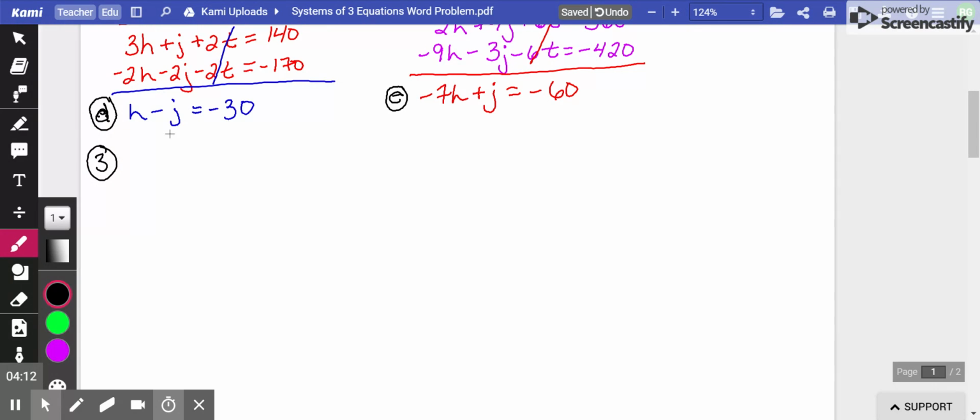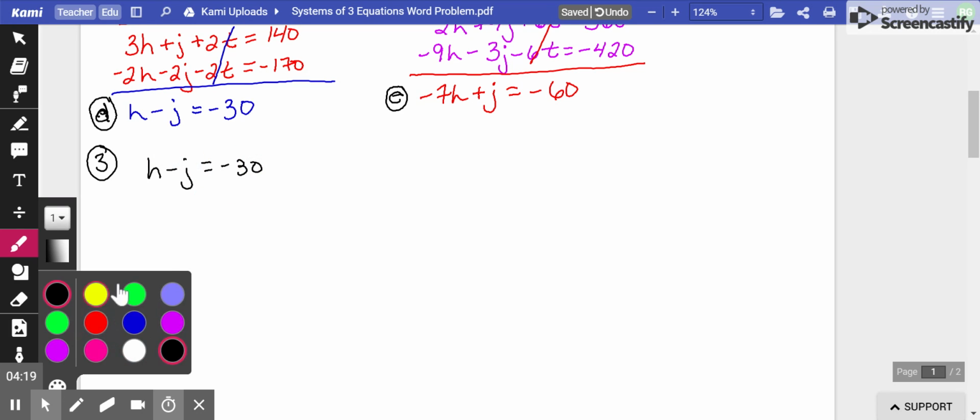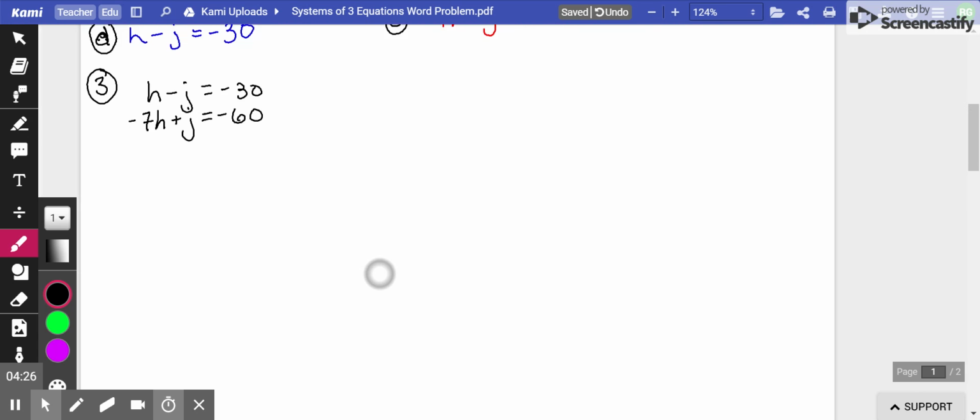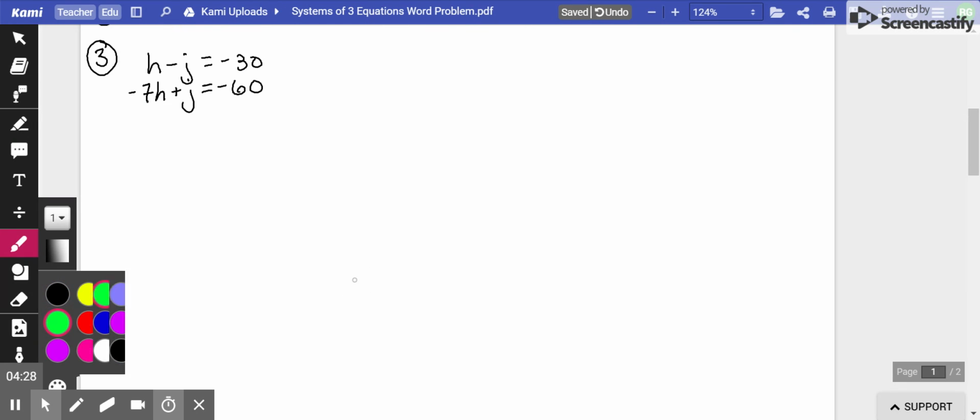Step 3, you take the new equations that you just wrote, so equations D and E, and you're going to combine those, similar to how we did in steps 1 and 2. So here are our two equations, D and E. Choose to eliminate either one of the two remaining variables, h or j. In this case, I'm going to choose to eliminate j because the coefficients are already the same number but opposite signs, so I don't have to multiply either equation.